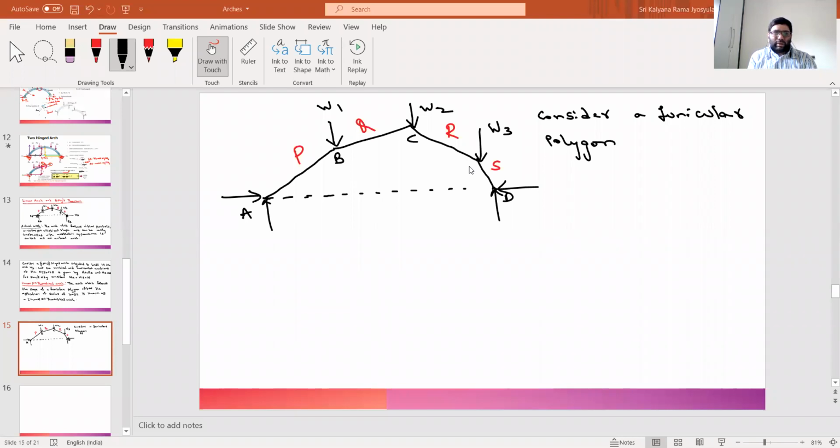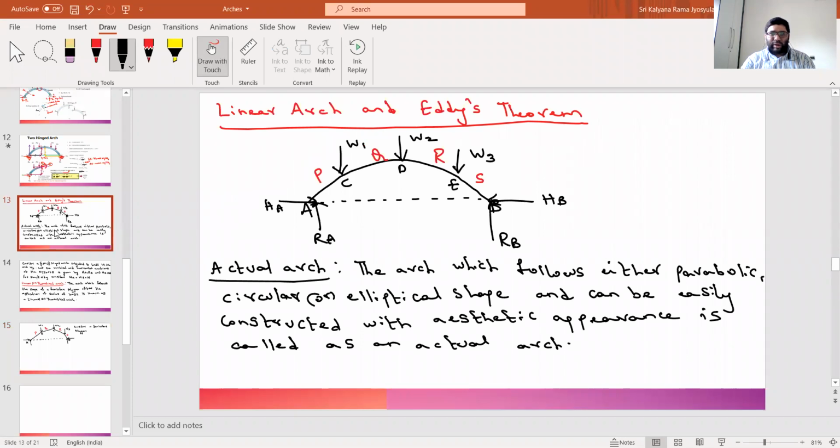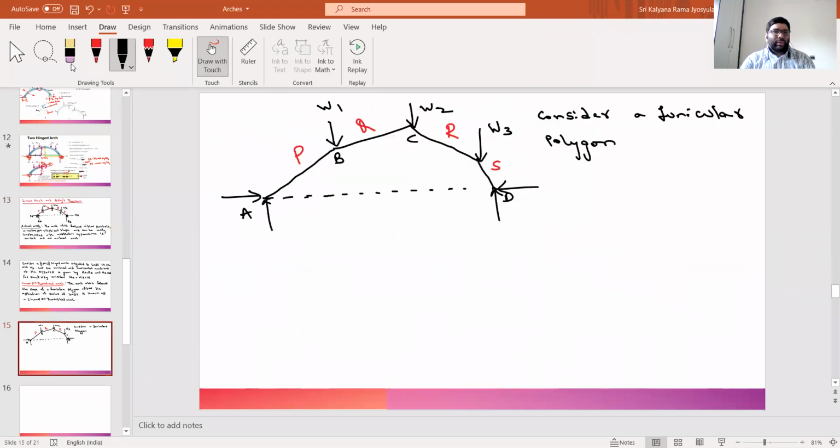Let me just check the previous one. What all we have written? Same thing we need to follow. Okay, fine. We are just trying to follow the same terminology for all the joints such that it is easy to relate both of them, actual and theoretical.